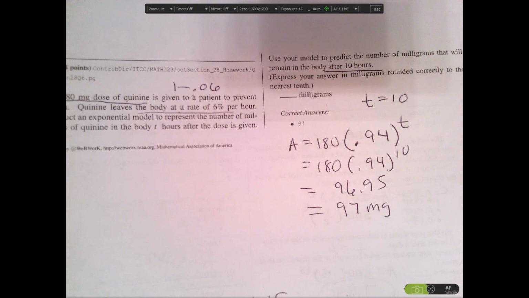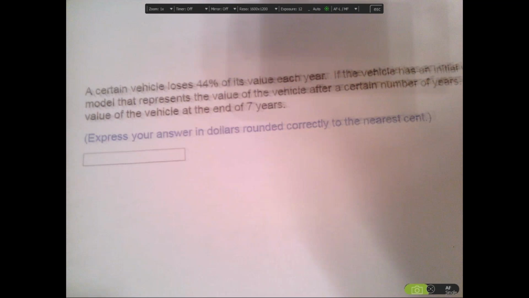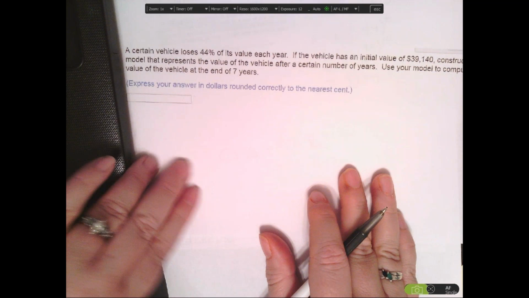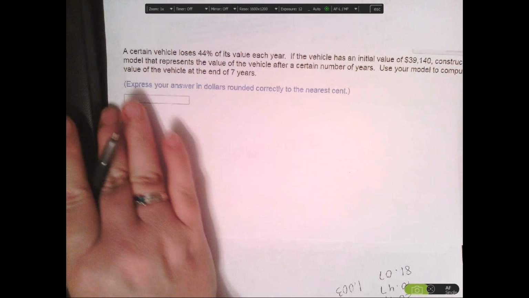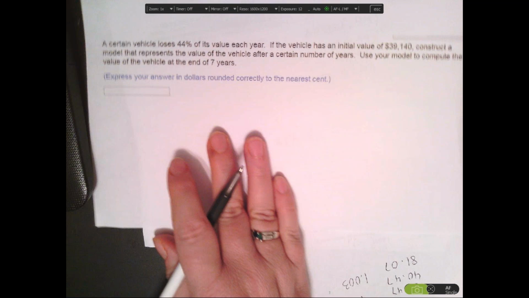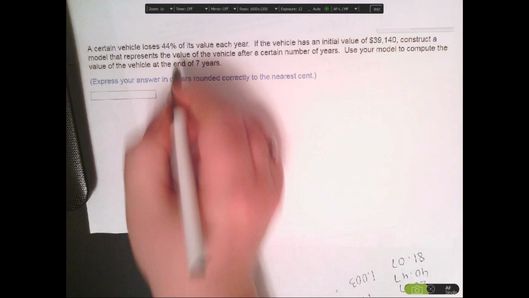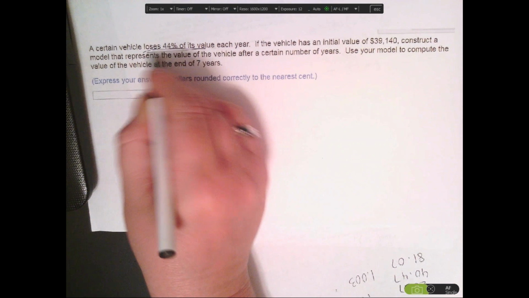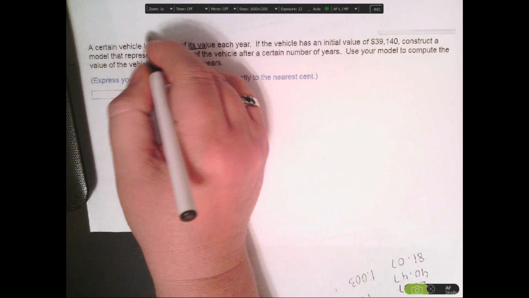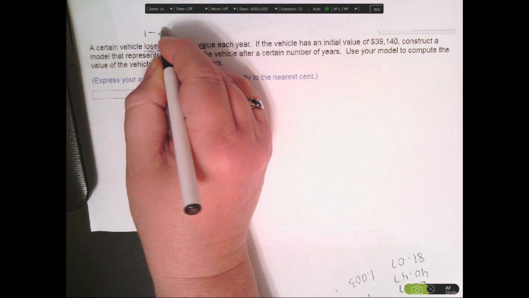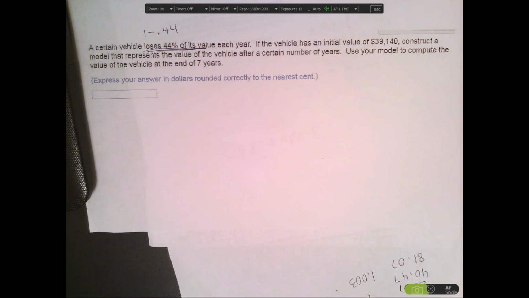All right. Some from your quiz. A certain vehicle loses 44% of its value each year. This is telling you it's exponential decay. 1 minus 0.44.